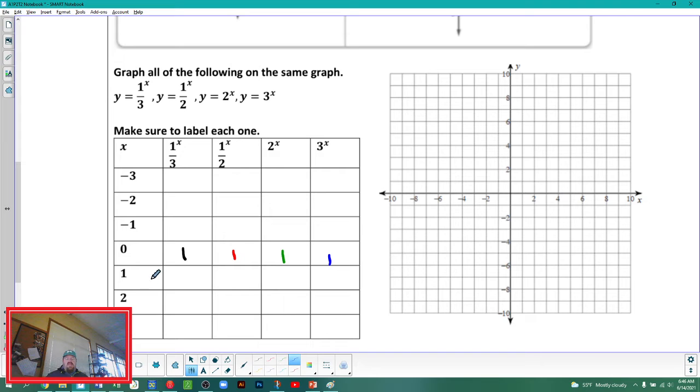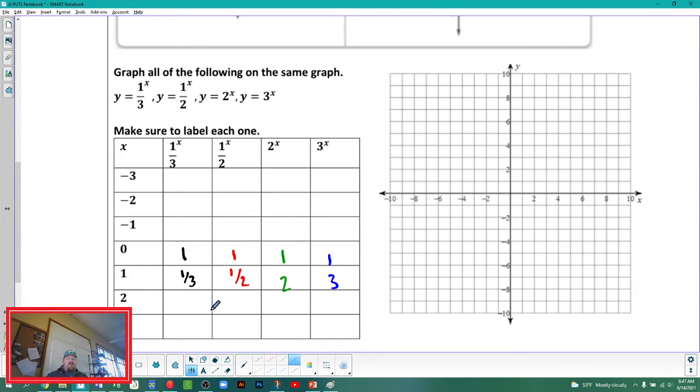When x is equal to 1, every one of these is just their base value. So this one is 1/3, this one is 1/2, this one is 2, and this one is 3. I said I needed different colors and I didn't use them. Perfect. So 1/2, 2, and 3.